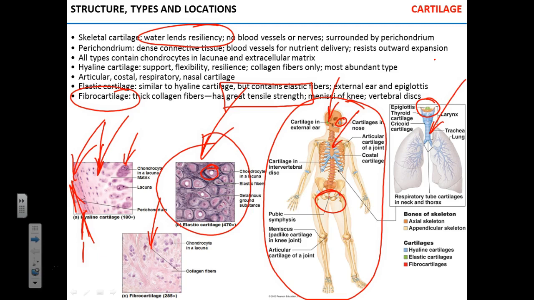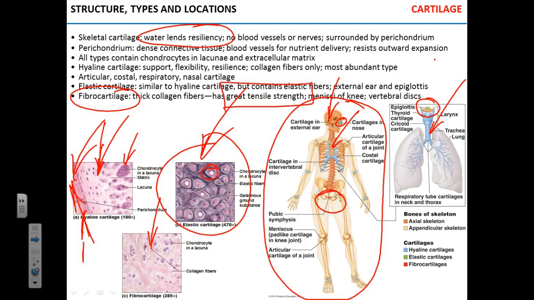But if you think about the mechanical forces that act on the pelvic bones, they carry the weight of the trunk, and this weight is projected towards the pubic symphysis. These two bones sort of meet in the center and press on that layer of fibrocartilage.